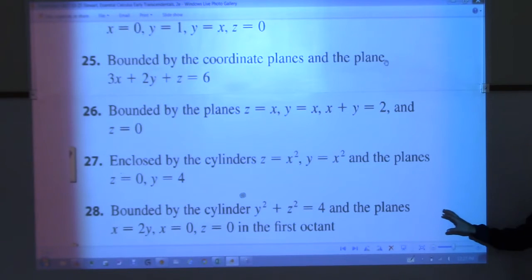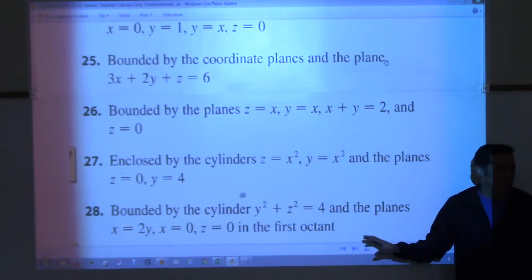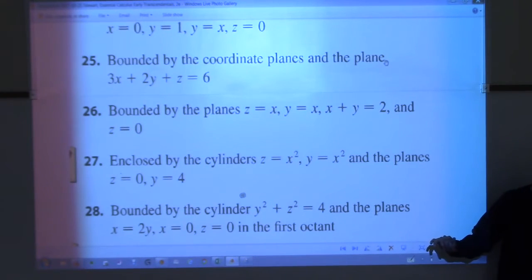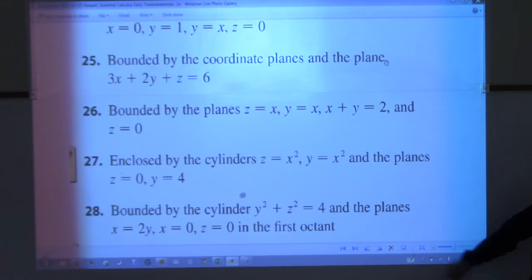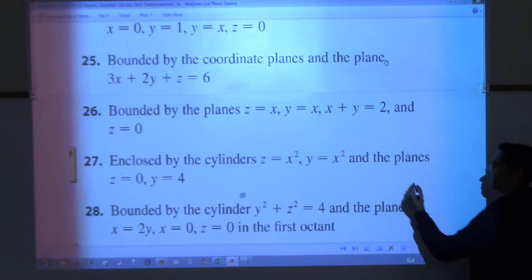The instructions here are to find the volume of the solid that is bounded by the cylinder y squared plus z squared equals 4, the planes x equals 2y, x equals 0, z equals 0 in the first octant. All right. I'm going to have to jot that down.